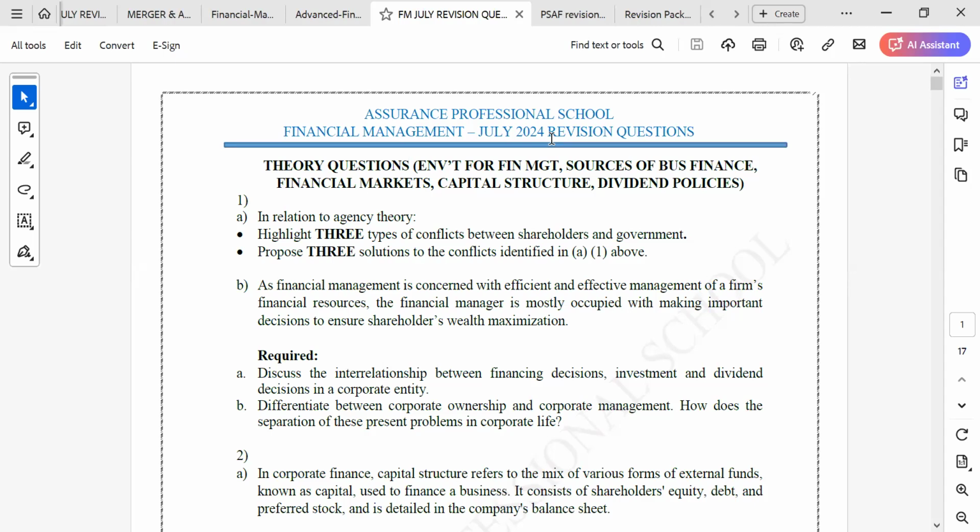But if it is a large company, the owners don't have the time, they have to appoint people to come and do the job for them. And when do we have the conflict? We have the conflict when the managers or the directors are now pursuing their own objective instead of looking for ways of maximizing the shareholders' return.